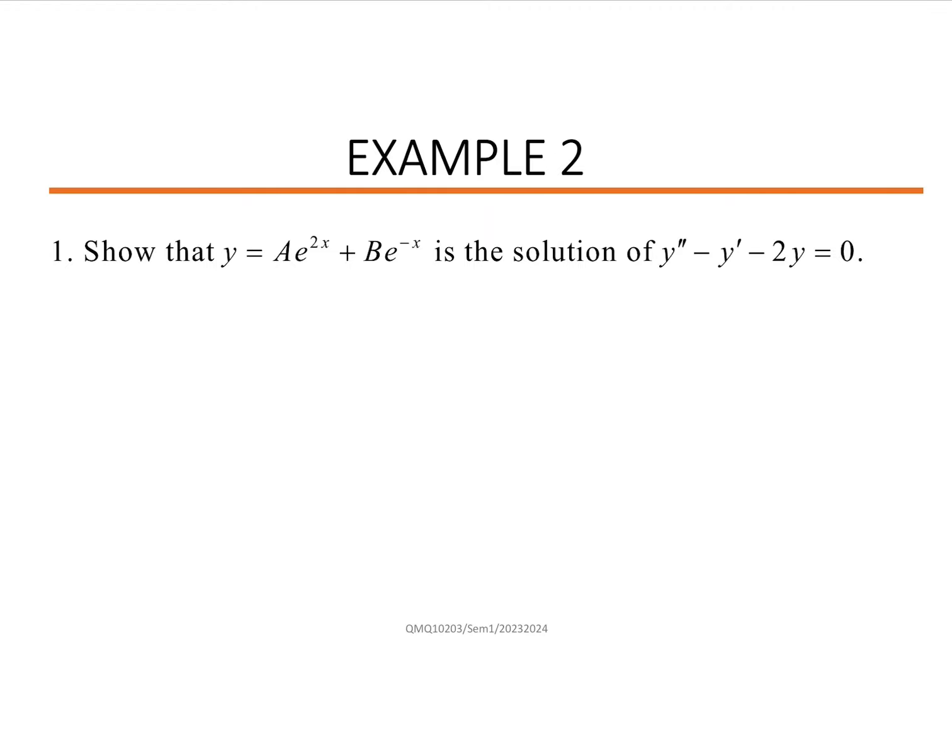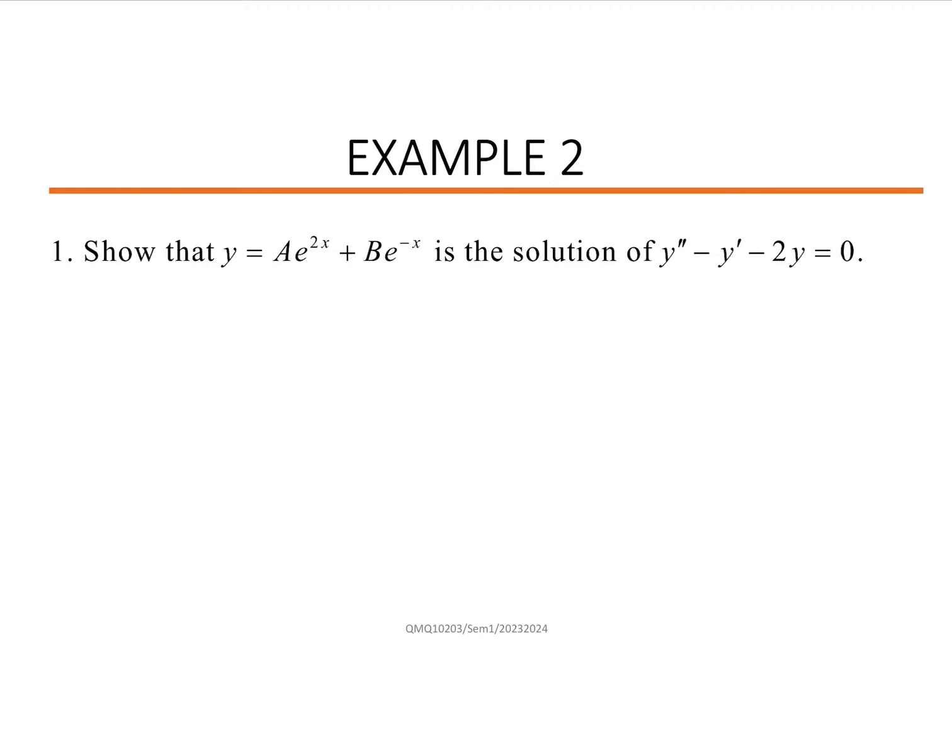Example number 2. Show that y = a e^(2x) + b e^(-x) is the solution of y'' - y' - 2y = 0.